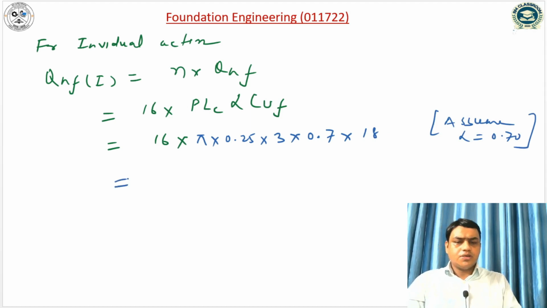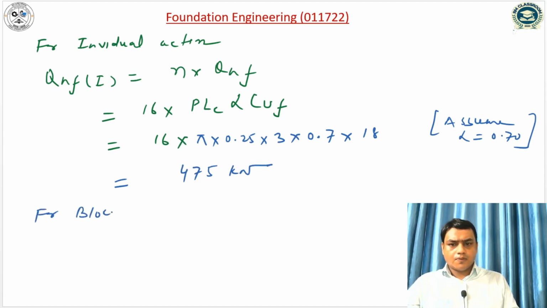So it will be 16 into pi into 0.25 into 3 into 0.7 into 18. So it is coming to 475 kilonewton.